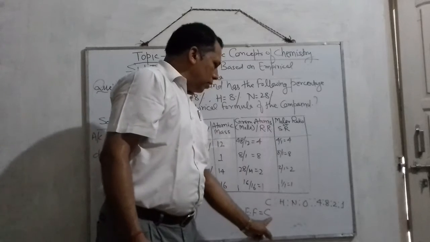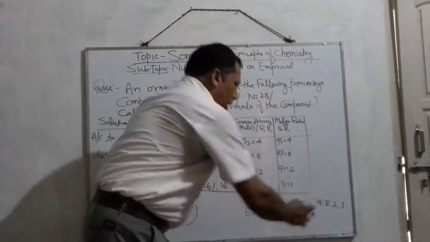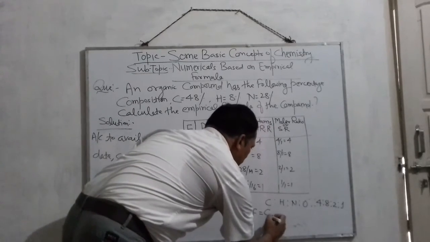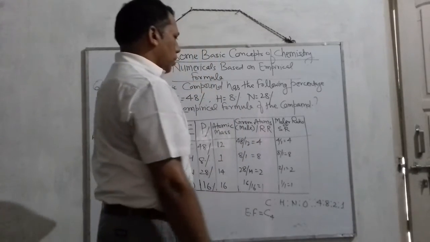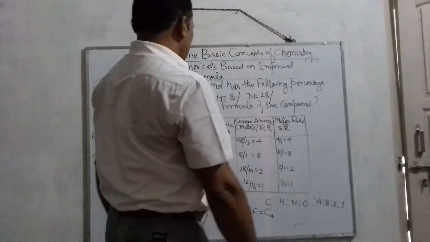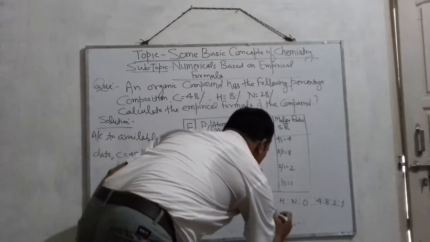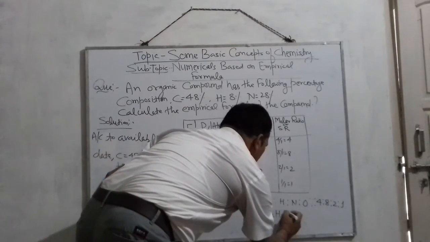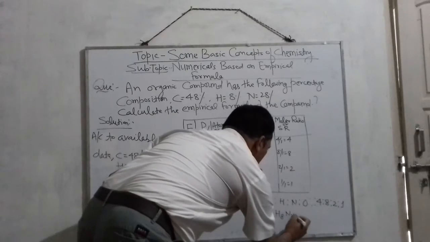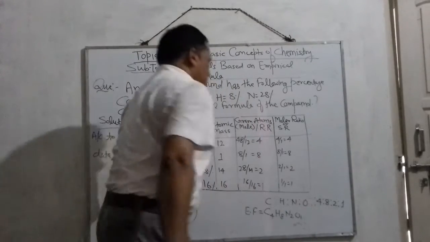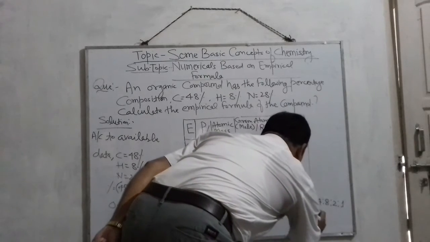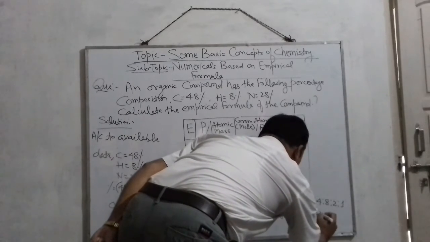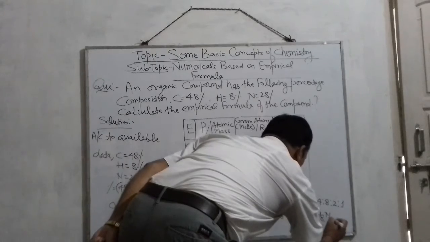So this is C4. Next is hydrogen, that is 8, and nitrogen is 2 and O1. So the empirical formula of the compound becomes C4H8N2O.